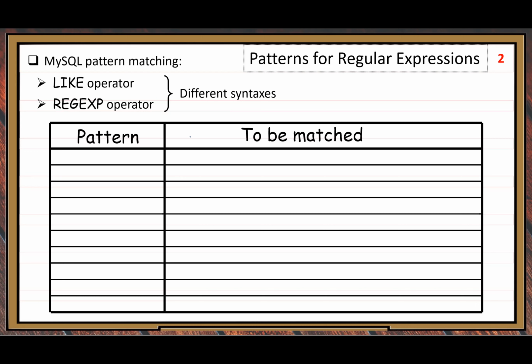Two columns: the pattern and what it matches. Left column, this hat symbol matches the beginning of a string, starting from the very beginning. Dollar matches the end of the string.